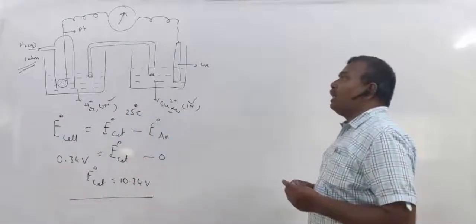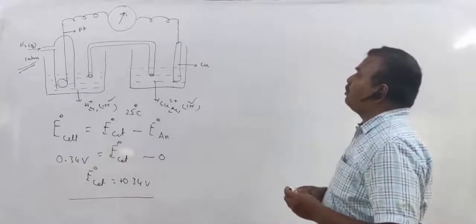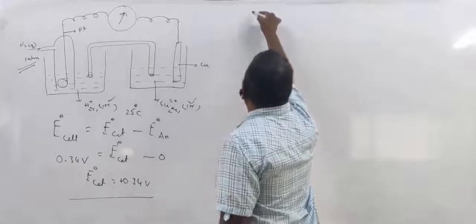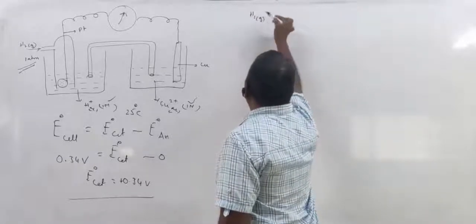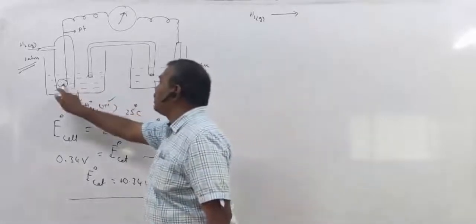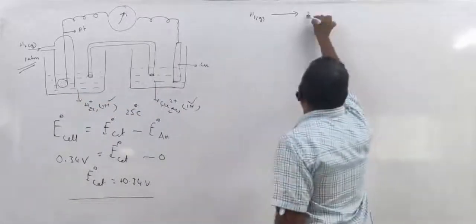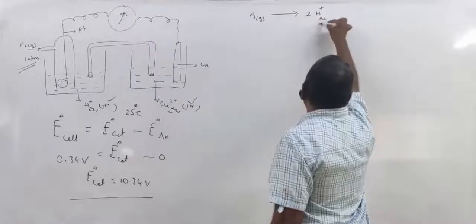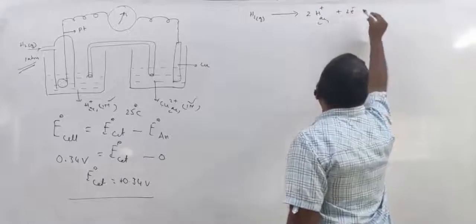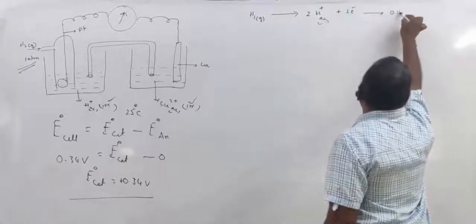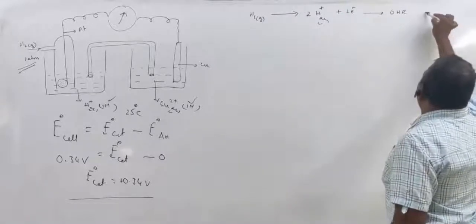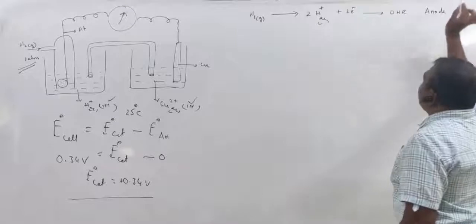So whenever the hydrogen electrode is connected to the copper electrode, at the hydrogen electrode the gaseous molecules which are inserted here dissolve in the solution and enter the solution as H+ ions. So this is the oxidation reaction. Thereby the standard hydrogen electrode acts as the anode.